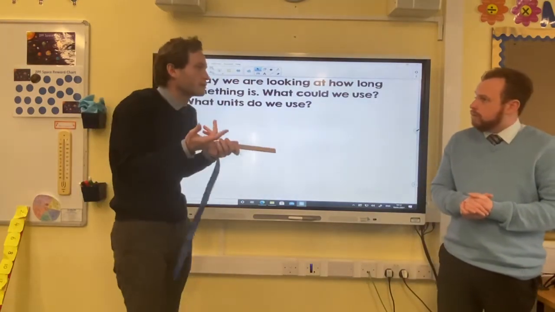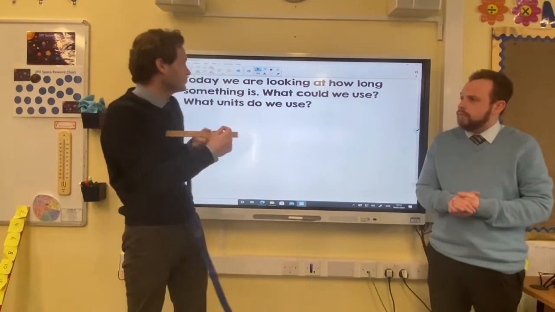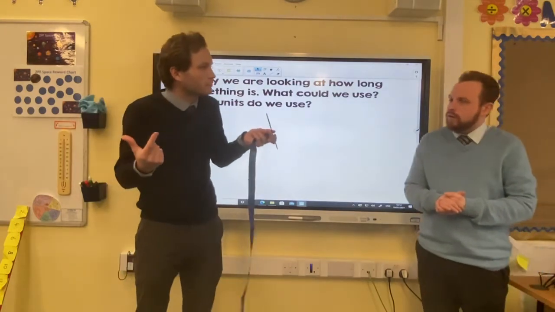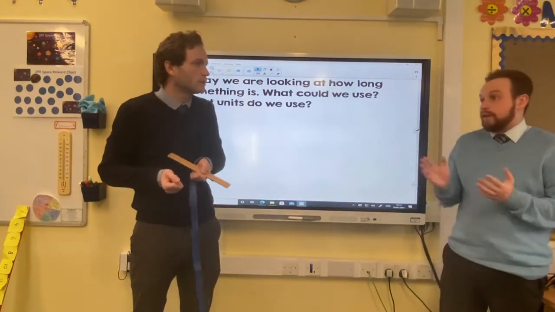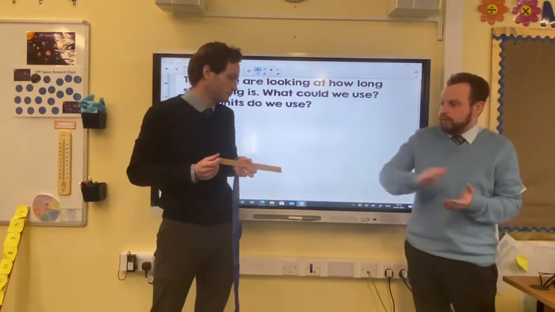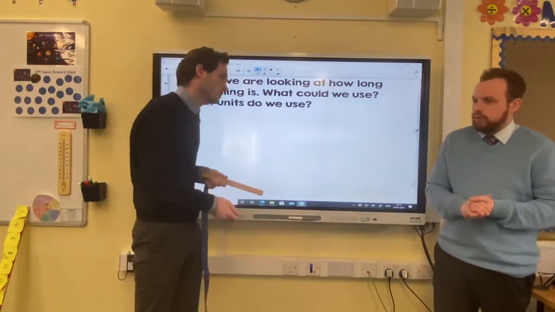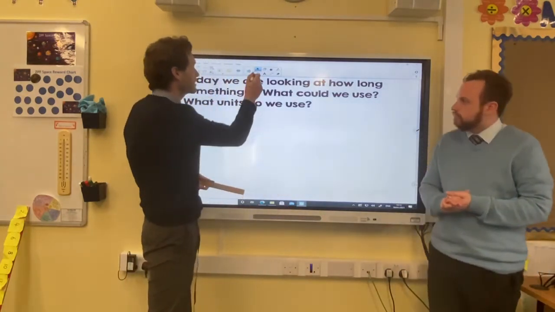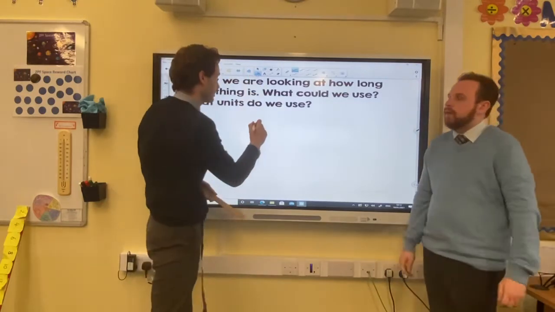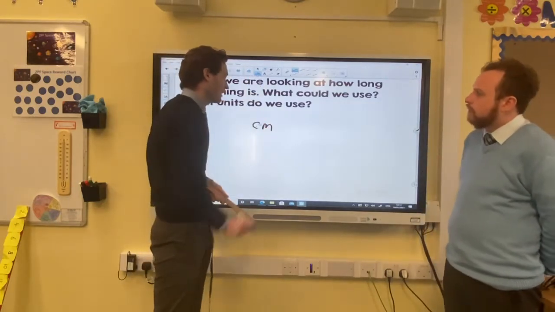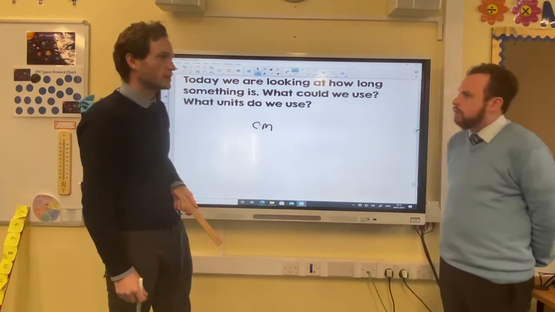Okay, now when we're measuring, what units do we use? You'd use centimetres. Yes. So that ruler is centimetres or metres, something bigger. When we're using centimetres, we're just going to write cm. Or we could write metres.